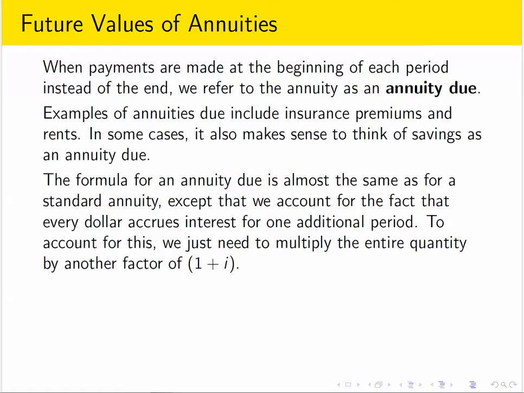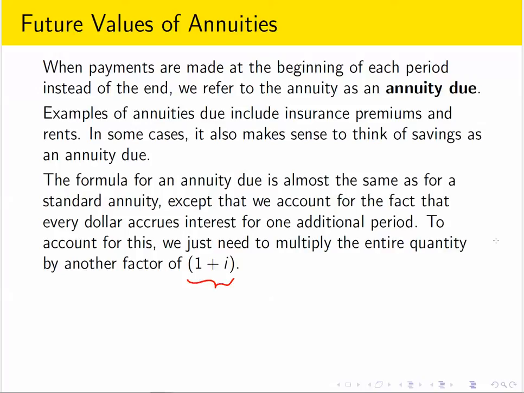If the payments are accruing interest starting the beginning of the month, that means every payment gains interest for one additional month, which means every payment gets multiplied by an additional factor of 1 plus the periodic interest rate.